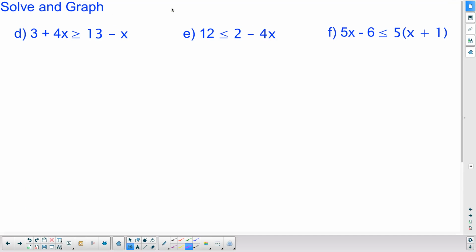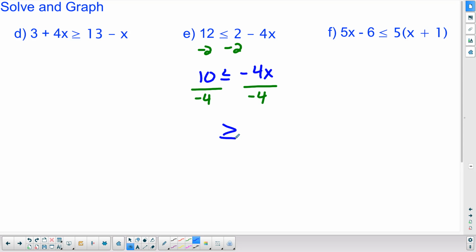All right, so first on E, I would subtract 2. That gives me 10 is less than or equal to -4x. Then I would divide by -4. That flips my sign. Gives me x over here, 10 over -4. 4 doesn't go into 10, but 2 does, right?